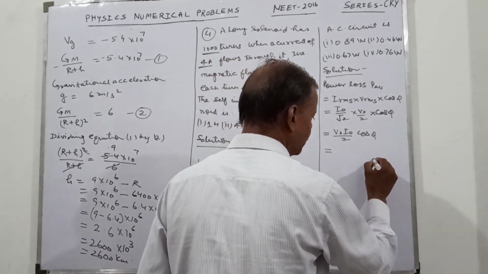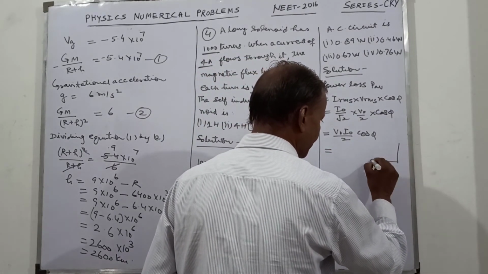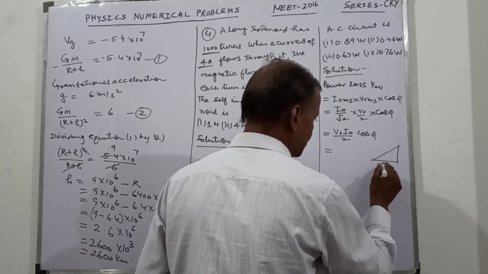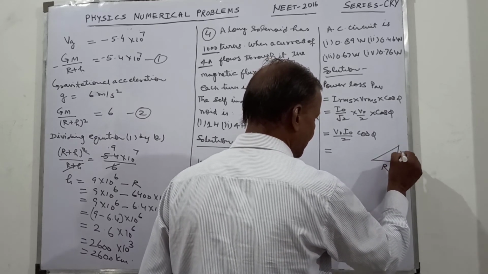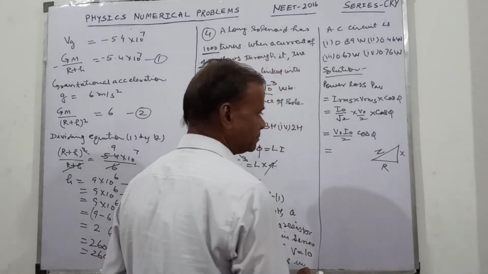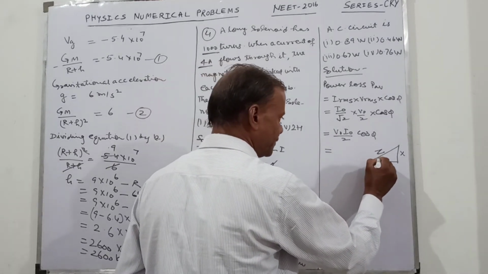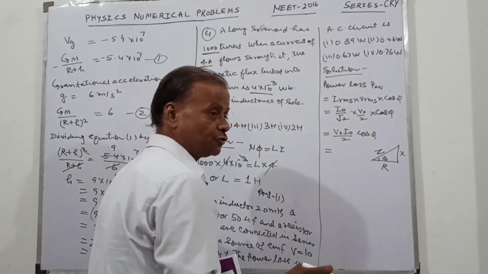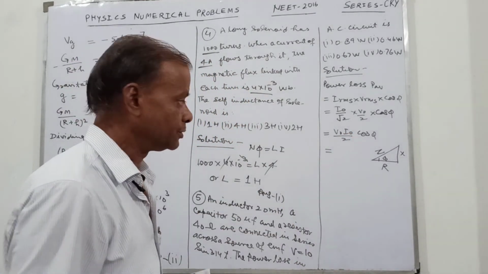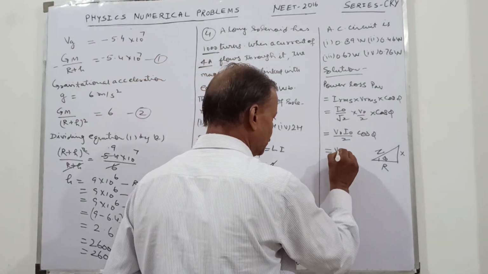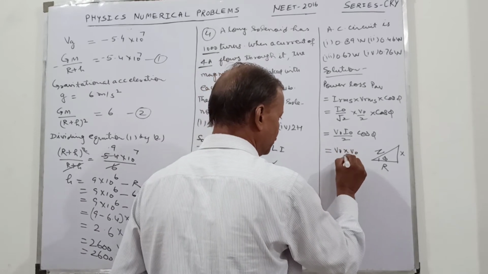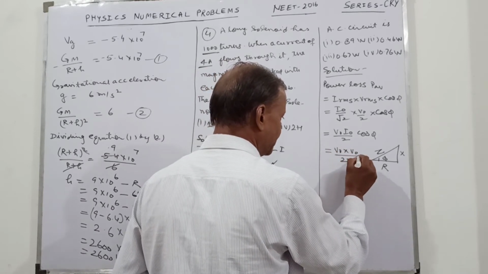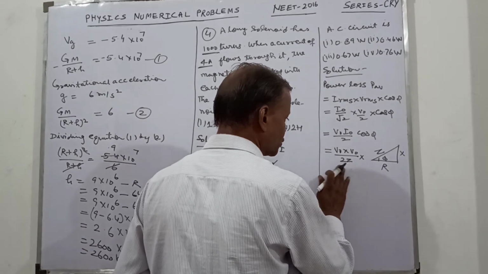Now how to find this I naught? This is your R, this is X, and this is now your Z. This angle is phi. So this I naught is to be converted into V naught, so this is equal to V naught into V naught upon 2Z into cos phi.